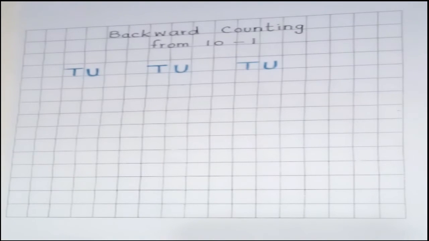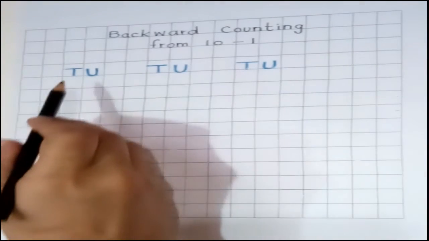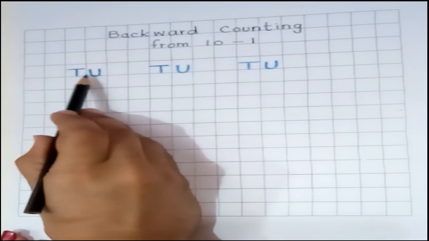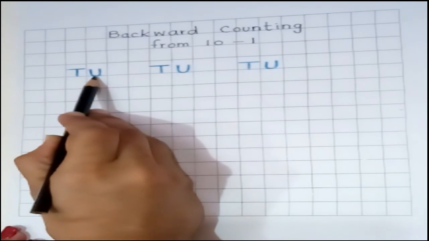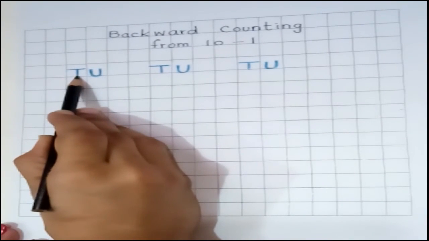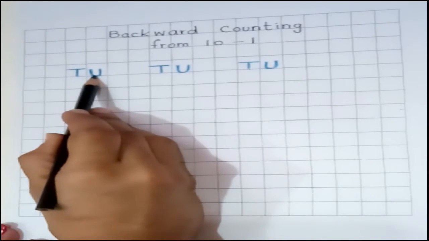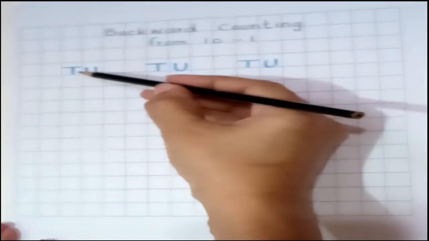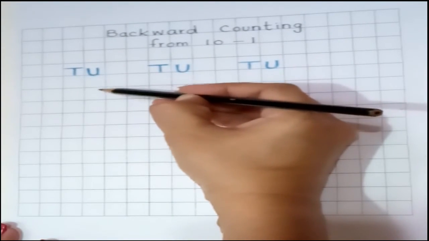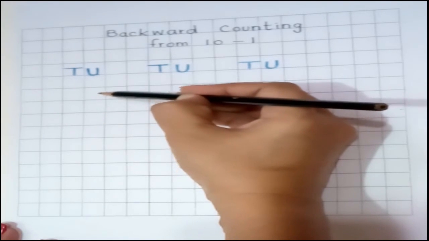Before we start writing backward counting, let's revise how we do forward counting and what T and U stand for. T stands for tens and U stands for unit. A single number is written under the unit.